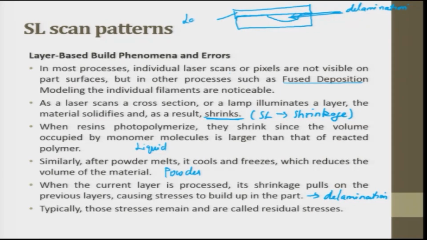This is layer 1, this is layer 2. I have exaggerated, just peeling off. And the stresses which remain are called residual stresses, which have a major influence on the dimensional accuracy of the part.